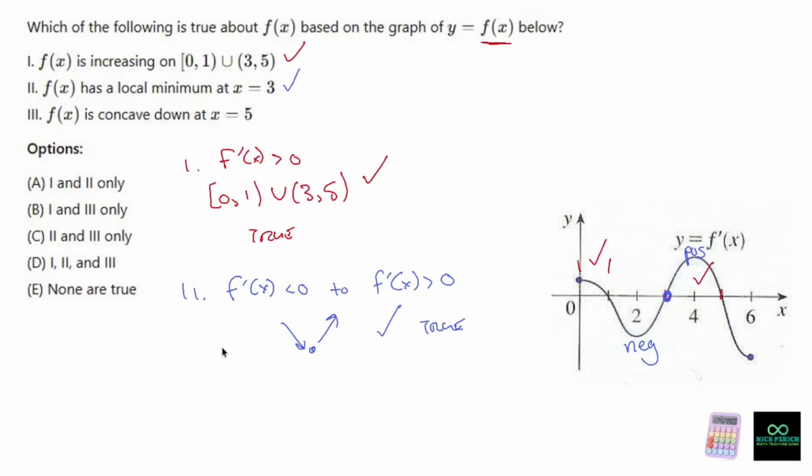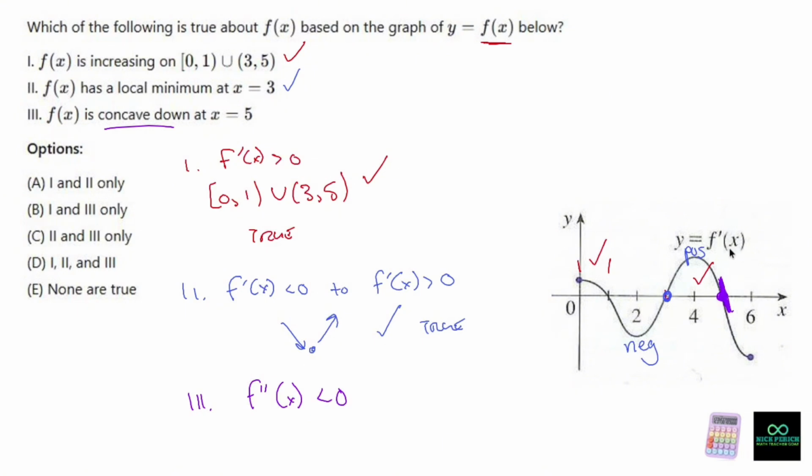Now 3 is talking about concavity. So what we're going to do is use a second derivative test, which is kind of difficult to look at, but let me explain. If we have something that's concave down, that means the second derivative is going to be negative. Now, you might say, well, this is the graph of the first derivative. I get it. But at 5, which is here, we look at the instantaneous rate of change of the slope.